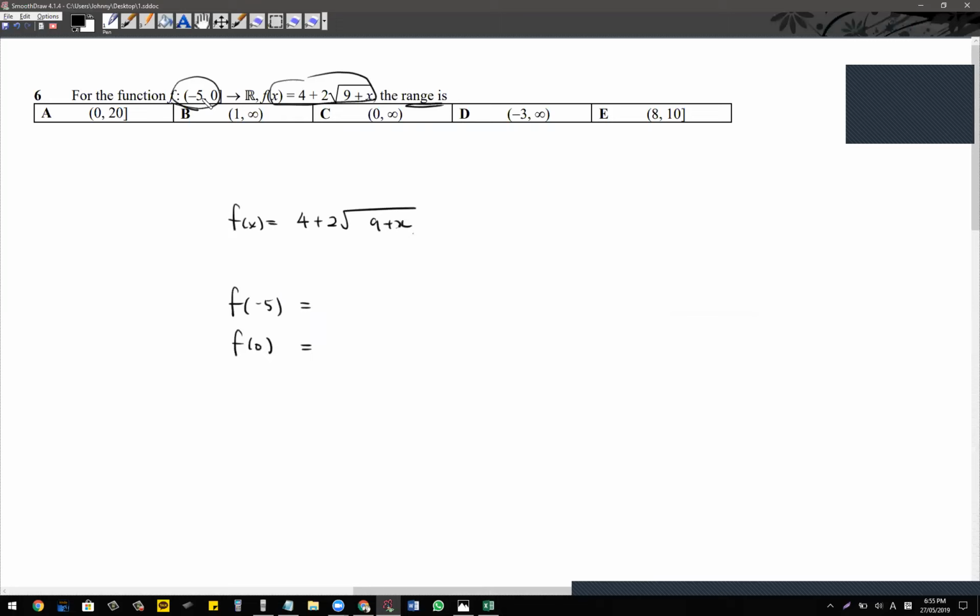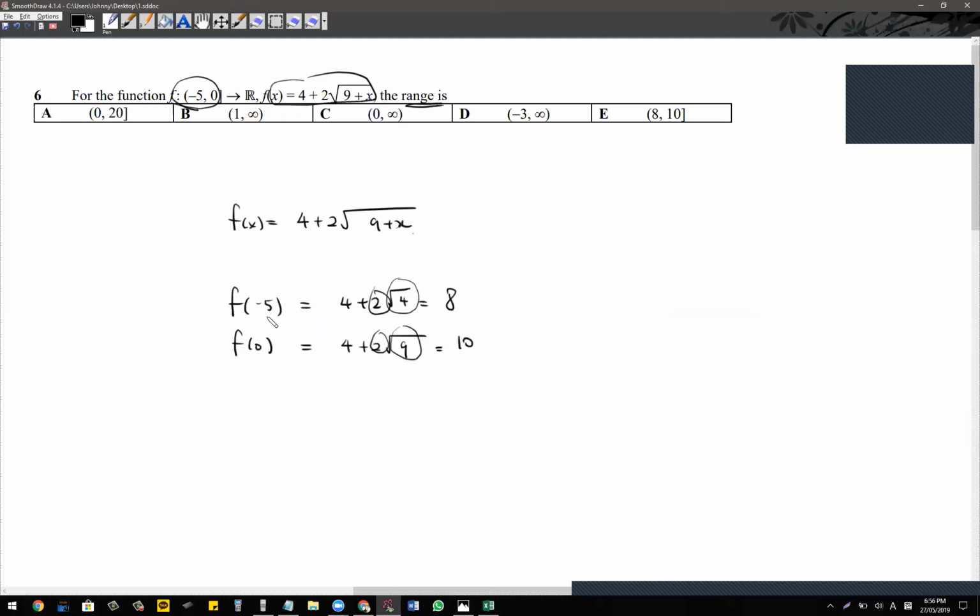So when x is equal to -5, then you get 4 plus 2 root 9 minus 5, which is 4. So that's equal to 2 times 2, which is 4. So that gives you 8. If you plug in 0, that's 4 plus 2 root 9, 9 plus 0, right? So that's 3 times 2, which is 6, so we get 10.